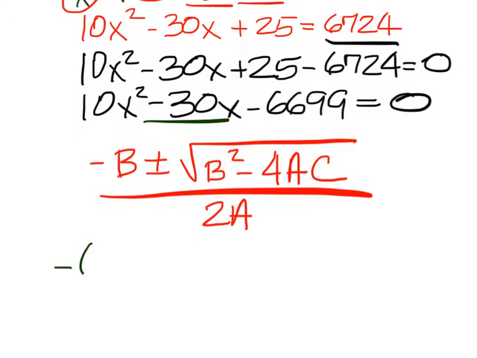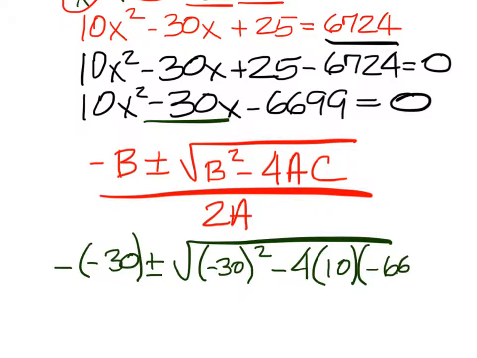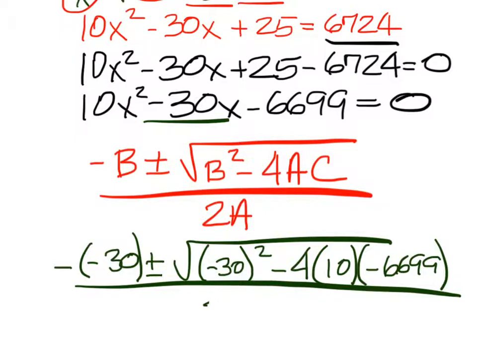So that's negative negative 30 plus or minus the square root of the quantity negative 30 squared minus 4 times 10 times negative 6699, all of that over 2 times 10.